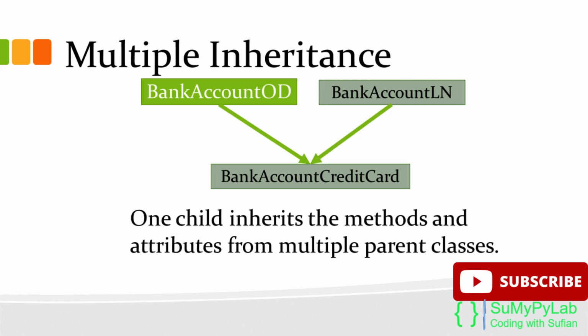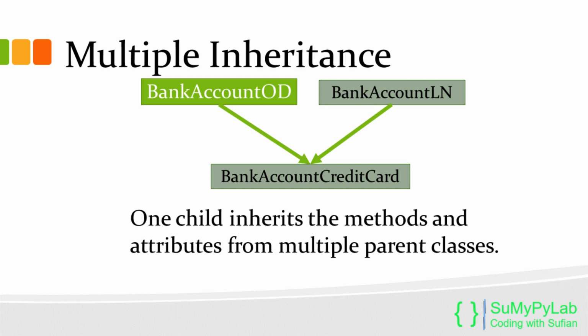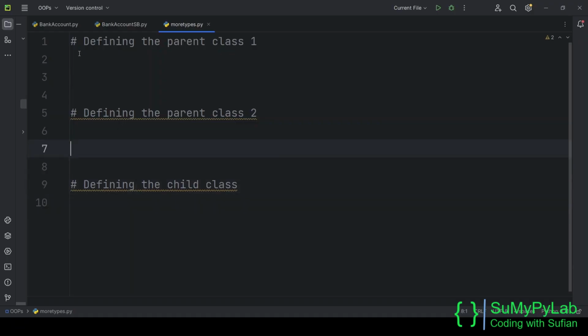In multiple inheritance, one child class inherits the attributes and methods from more than one parent class. For example, we may create BankAccountCreditCard class from BankAccountOD and BankAccountLoan class. Here is the Python template.